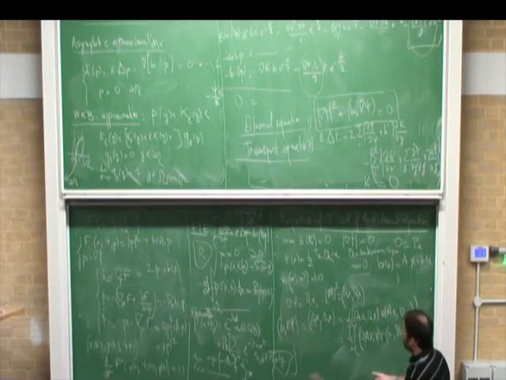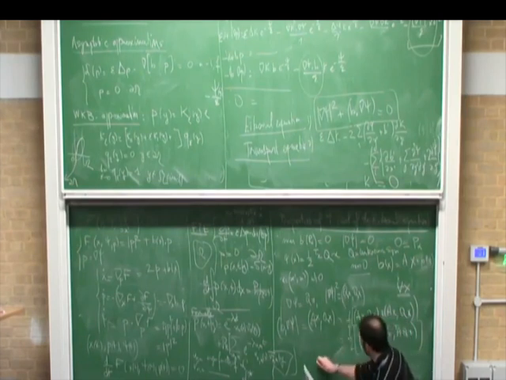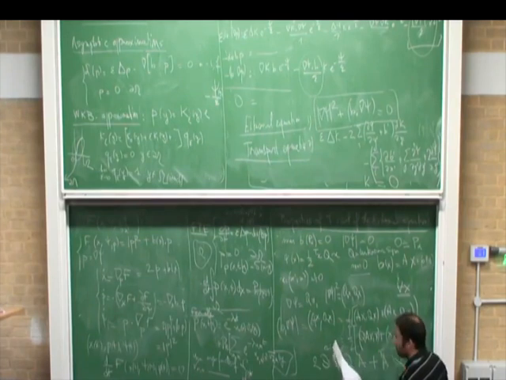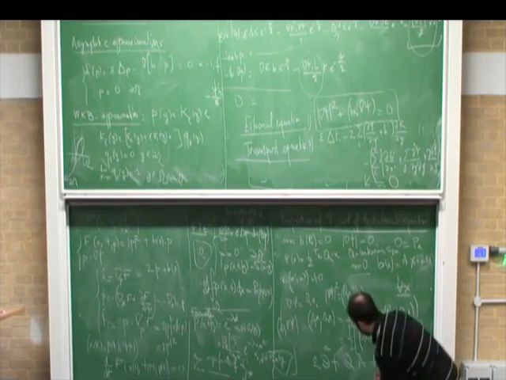So what do we get? This is true for all x. So what do we get? We get 2 multiplied by this: Q A plus A transpose Q, plus this, equals 0, right?